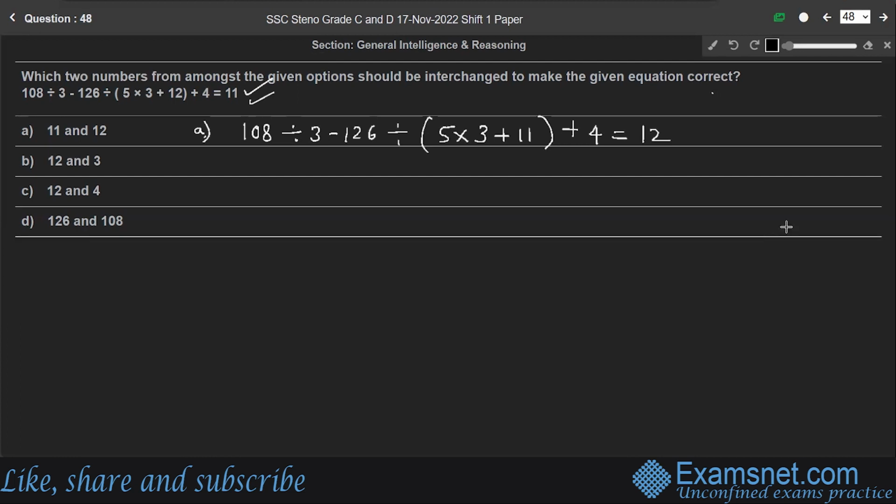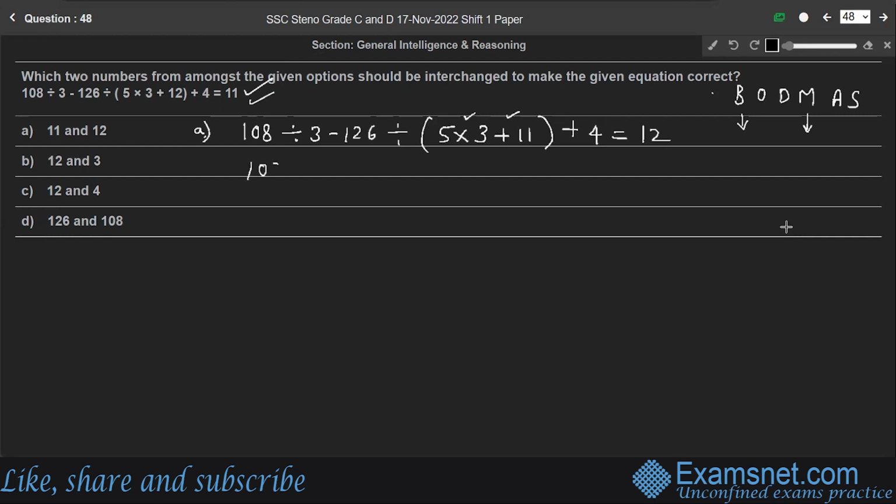Now the left hand side becomes, to solve this we are following BODMAS rule, according to which remove the brackets, a bracket part, right? Inside the bracket we have multiplication and addition, so go for multiplication first, right? Because according to BODMAS rule, multiplication comes before addition, right?